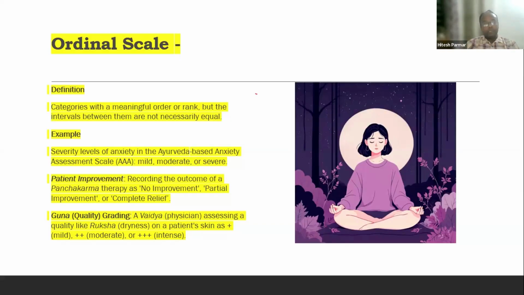Median divides the entire set of data into two equal parts. Mean is the summation of all values divided by the number of observations, and mode is the highest occurring frequency. So out of these three, in terms of ordinal data, you can add the median.